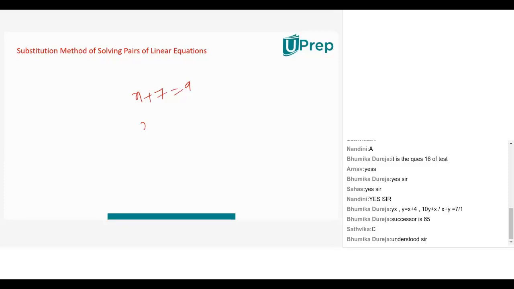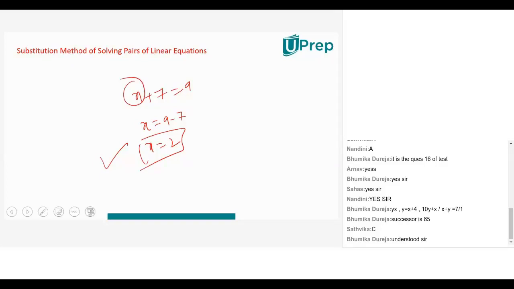Send this 7 to the other side. So 9 minus 7 is 2, and x is equal to 2 is the answer. This is how you easily find the value of the variable when a linear equation in one variable is given.